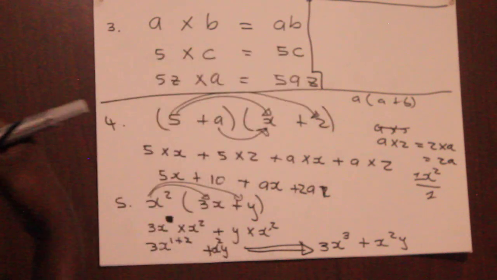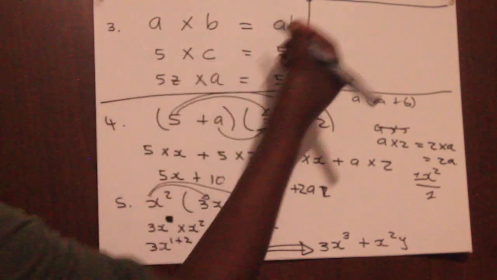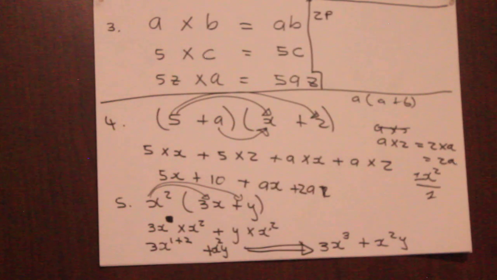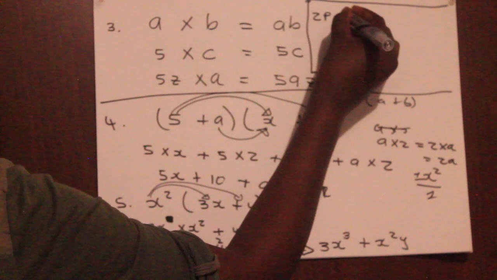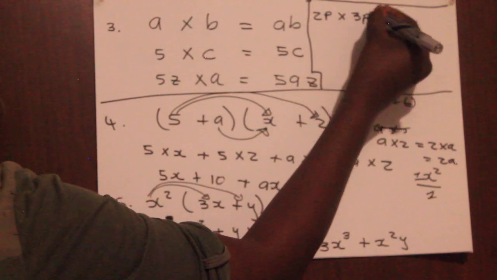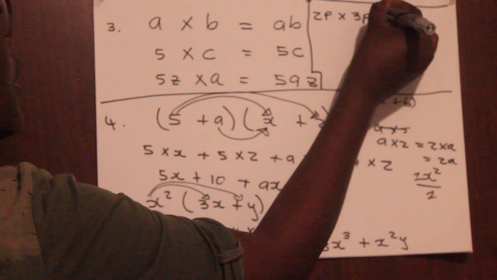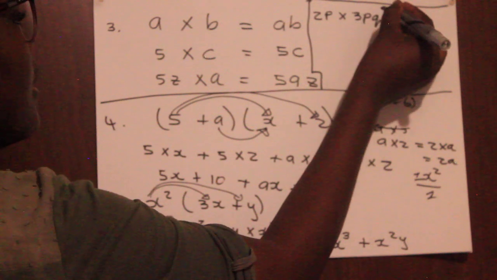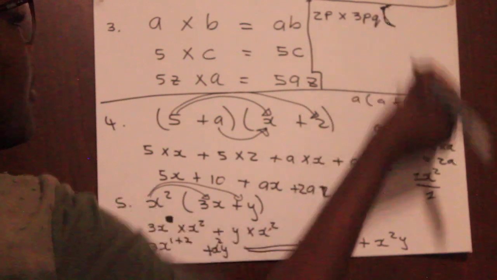So we have 2p, this is homework, ne? 2p times 3pq, this is a bracket, ne?